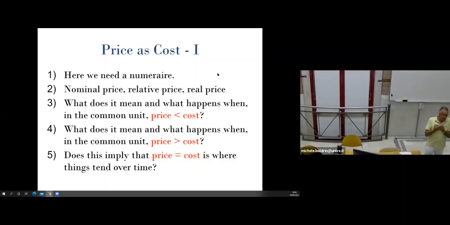Because once you take away the veil of money, even if people are irrational, as it's often said, that is, not informed enough to calculate exactly the value of the money they receive, in a way or another, they tend to think of that money in terms of whatever they can buy with it. So I don't really care that you pay me in dollars or euros and so on.